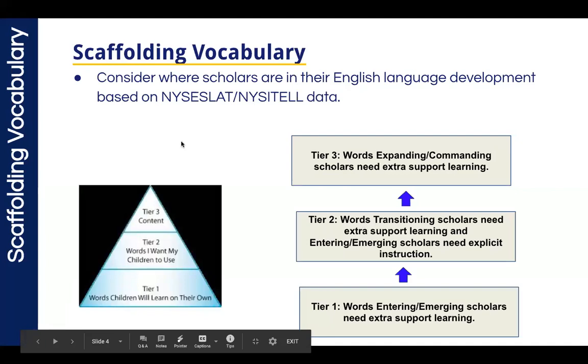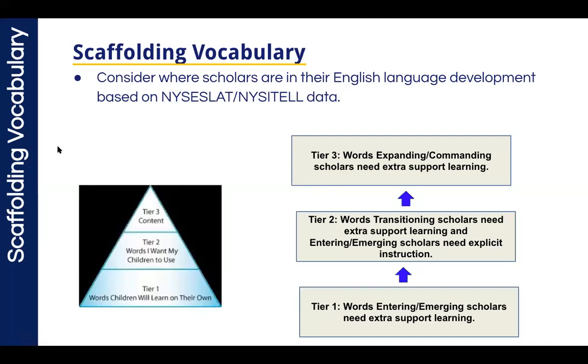Now I think it's important for us to talk about how we scaffold vocabulary. This is something that I think we all learned about in teacher education, but I like to think of it a little differently for our English language learners. A lot of times when I'm sitting in a school or talking with a school leader or a teacher, they'll say, I need my students to learn tier 3 vocabulary, or sometimes tier 2 vocabulary.